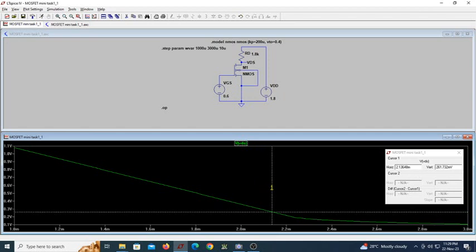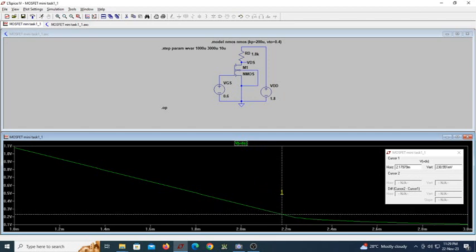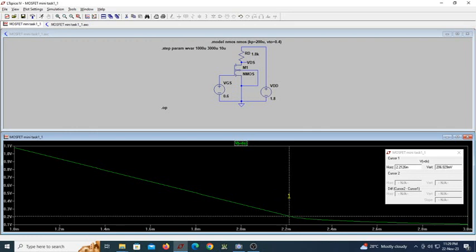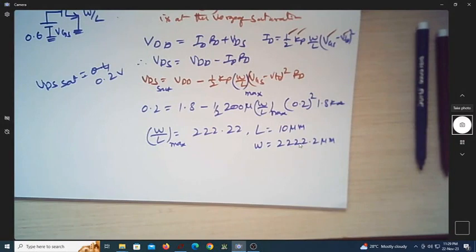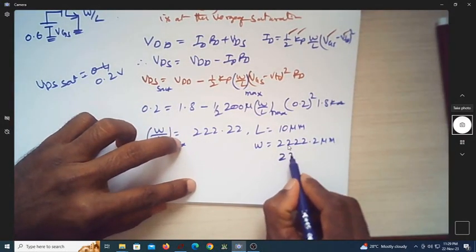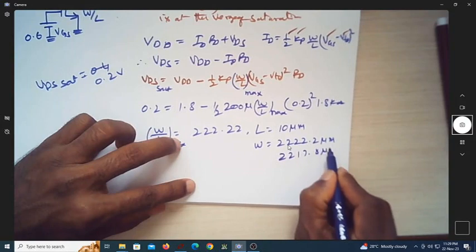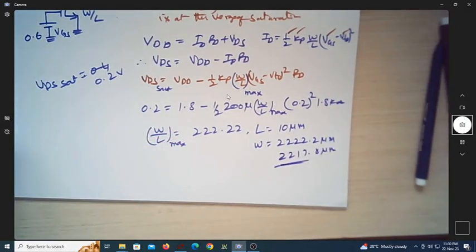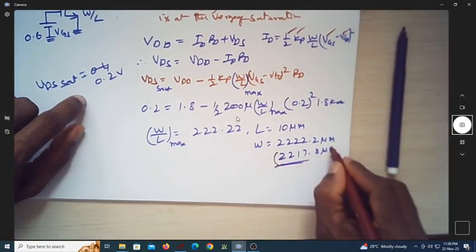At that 0.2, how much is your W by L? On the x-axis I have the W by L ratio. This is 2.22178 milli, which happens to be 2221.7 micro, as expected. You expected this much; actually what you are getting is 2217.8 micrometer, which is very close. So this is using simulation, and this is using calculation.